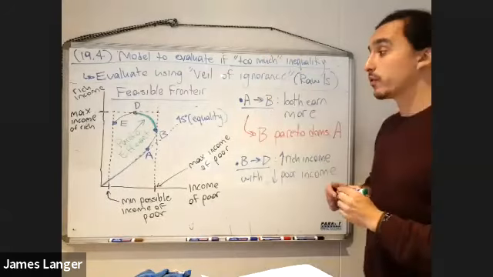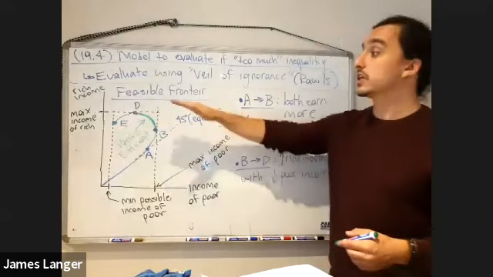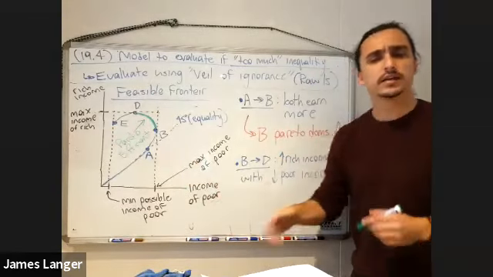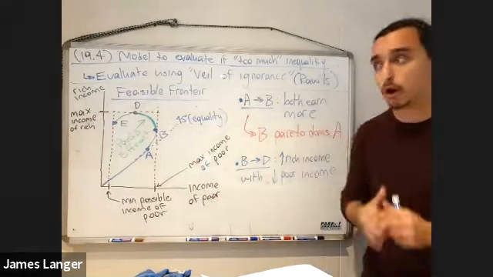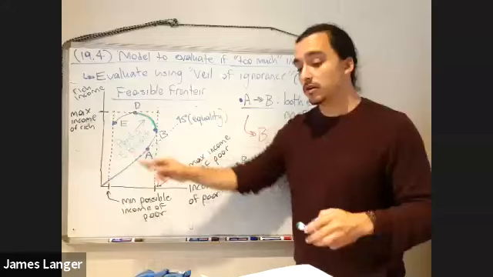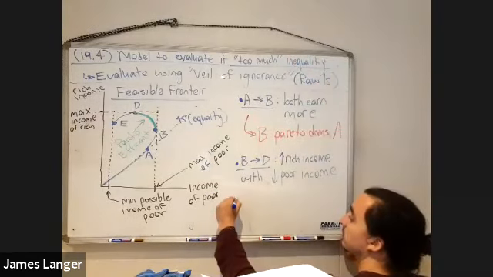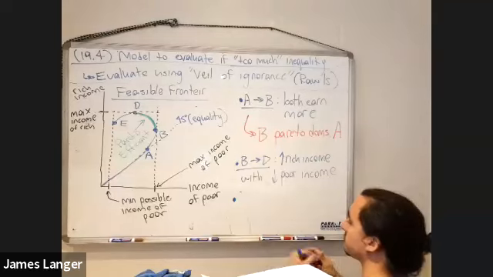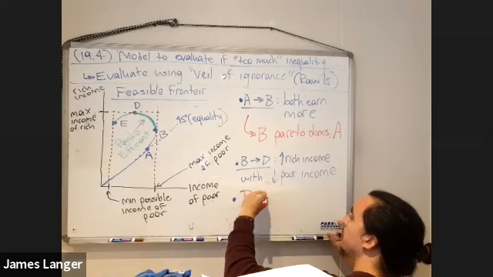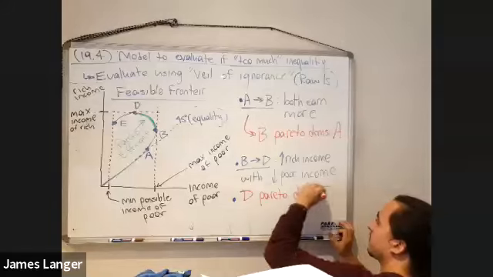Okay? And then if we were to move from D to E, what we would be doing is essentially decreasing rich income and decreasing poor income. So that's definitely not Pareto efficient. We're making both worse off, all right? And that tells us that D, what do you guys think? Do we see that D Pareto dominates E?